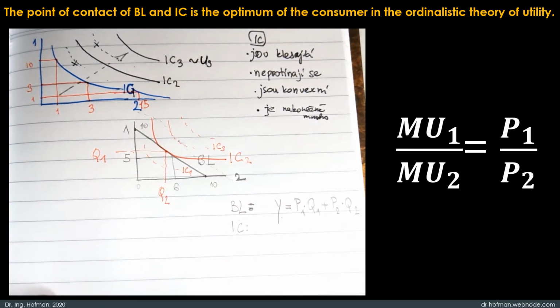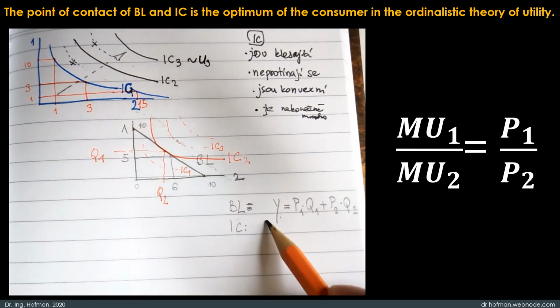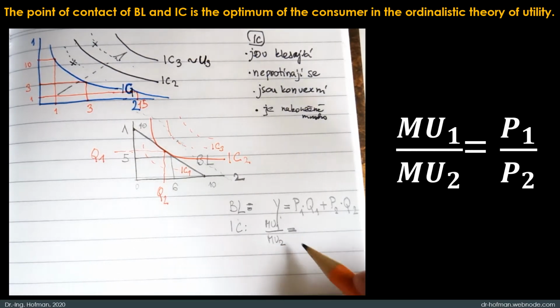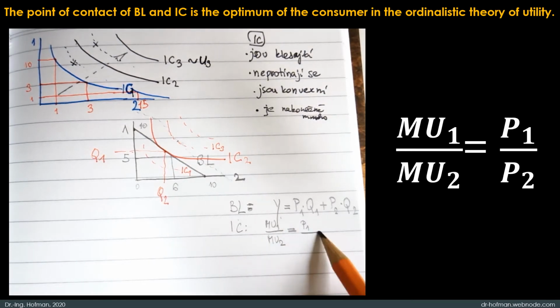There's a fraction, marginal utility 1 over marginal utility 2 of the second good, and this is equal to the relation of prices of goods 1 and 2, expressed by the fraction price of the first good over the price of the other good.